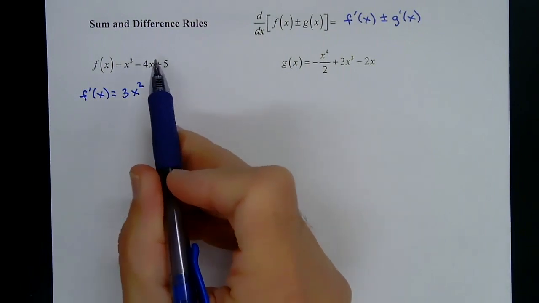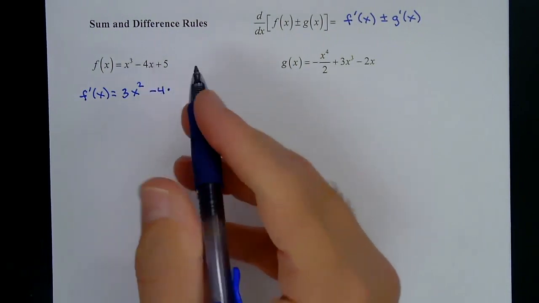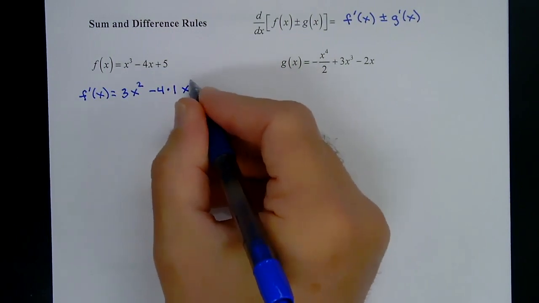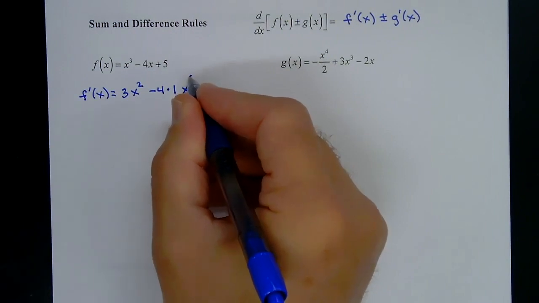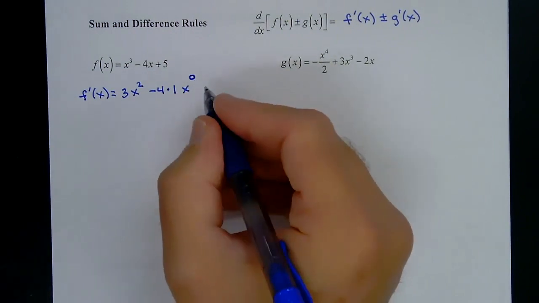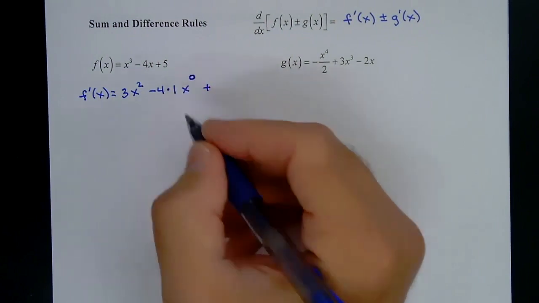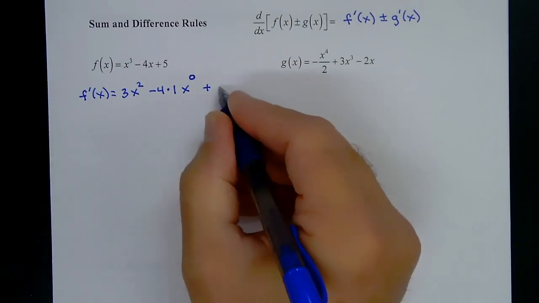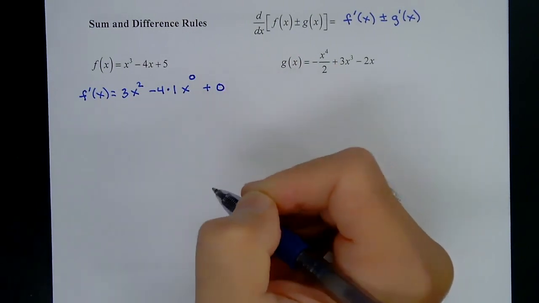The power here is a 1 right now, so if I bring it down, I multiply by 1, and I'm still going to have x, but I raise it to the 1 minus 1 power, which becomes the 0 power. Then plus the derivative of 5, which is the derivative of a constant, which is 0.